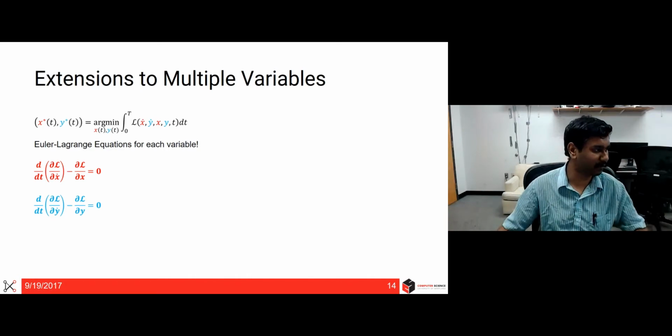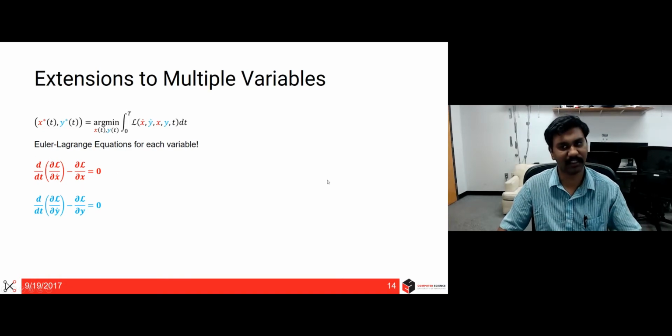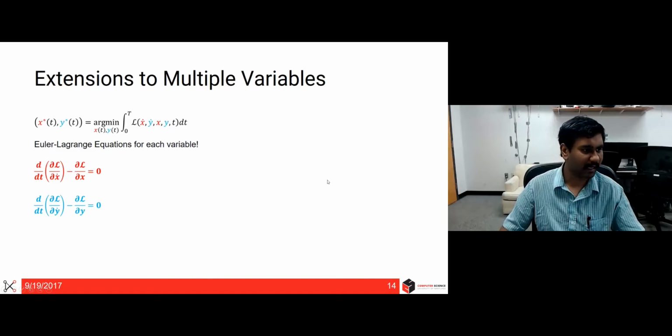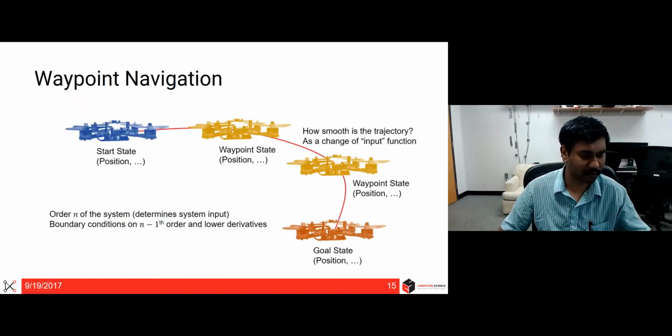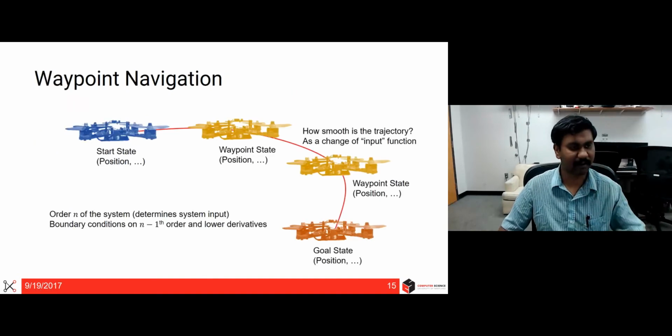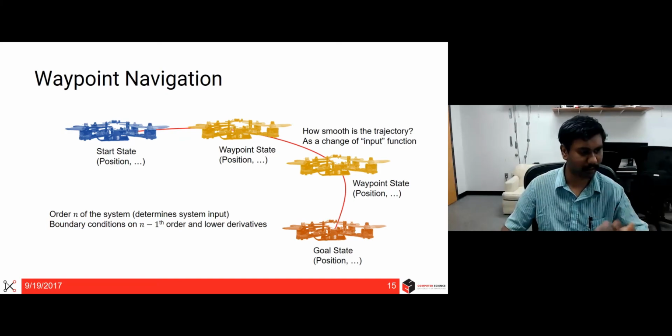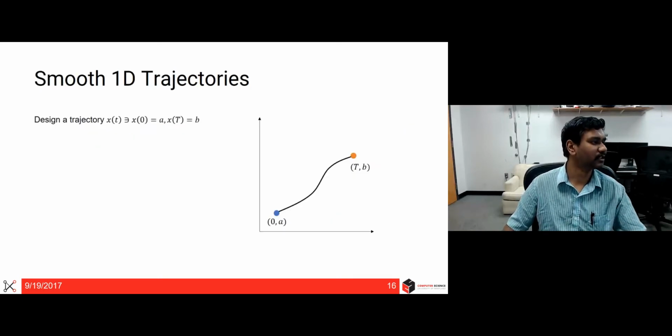So we have one set of Euler-Lagrange equations for x and one set for y. Here it's color coded, with x in red and y in blue, which makes it easy to understand. And of course, back to the slide we started with, we wanted to do waypoint navigation and parameterize all of these. That's how we started. Let's move on with the 1D example right now.